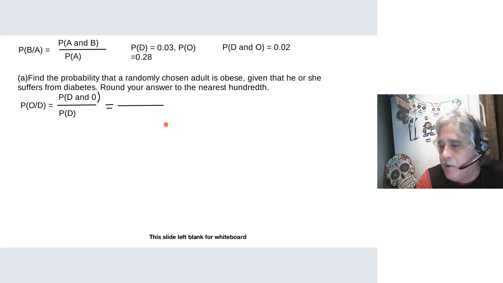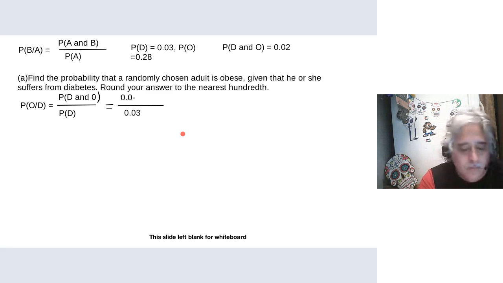So this was 0.03, and then this is the both, right? Yep.